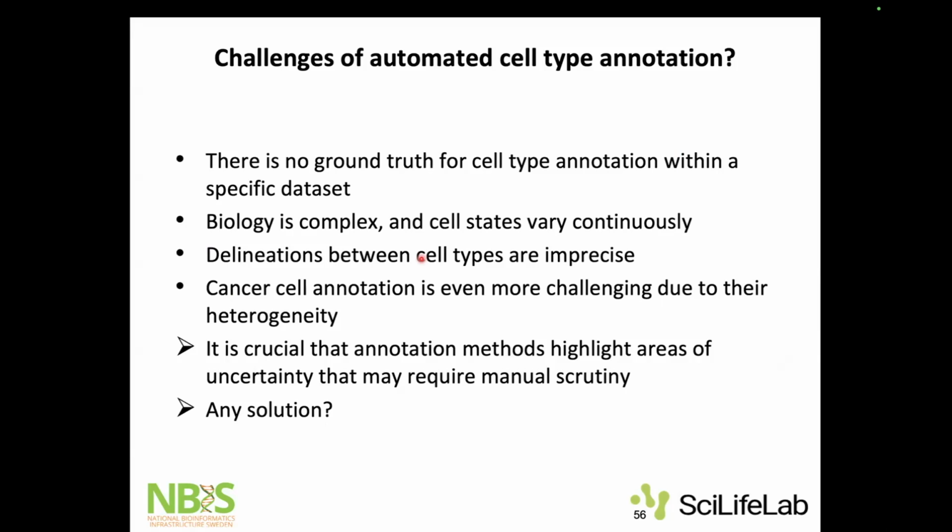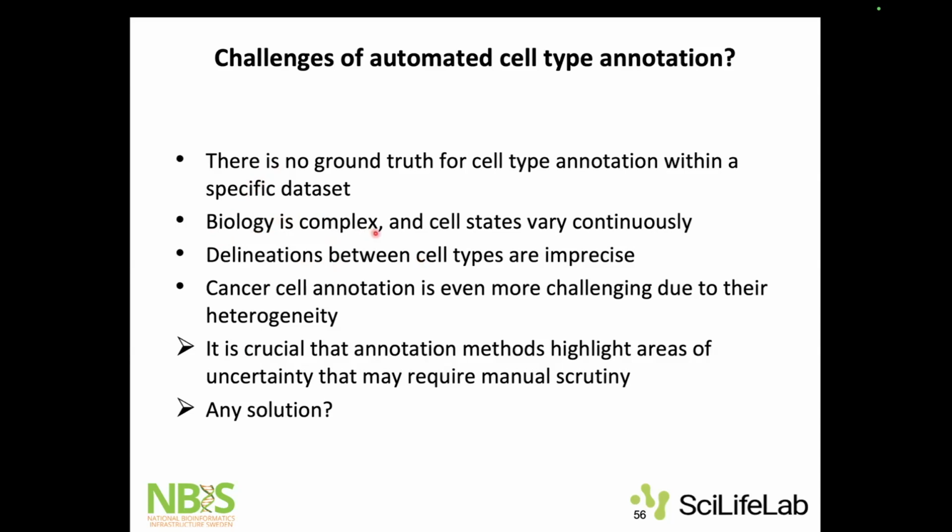Of course, in some of these data sets, the cell types were sorted or separated, so they know exactly what they are. The annotation by the authors of those papers is not included in this analysis, but for the other ones, they were really dependent on how accurate the initial annotation was.